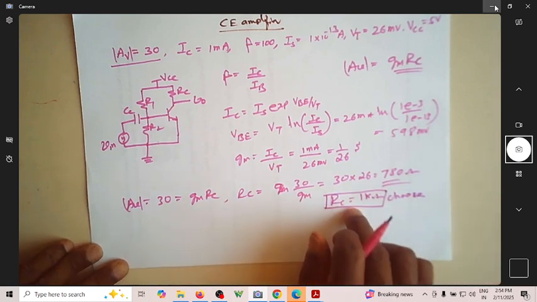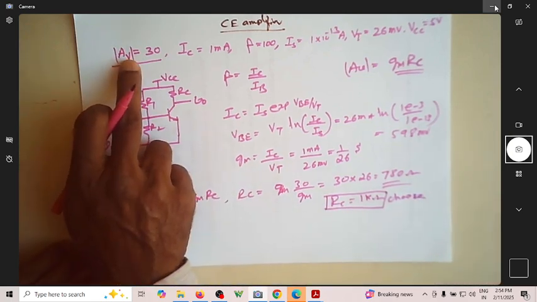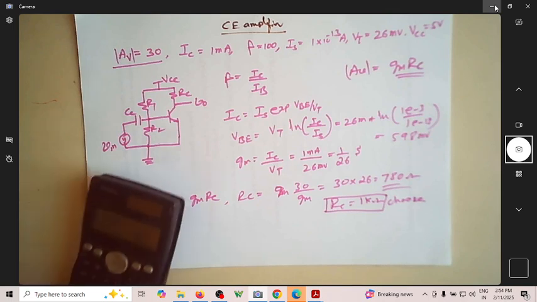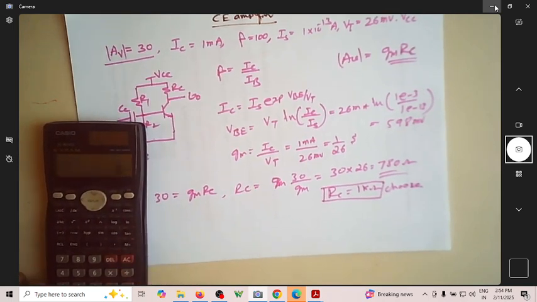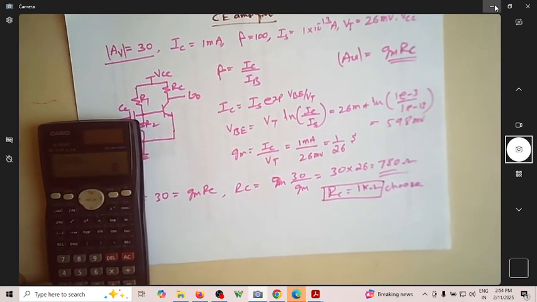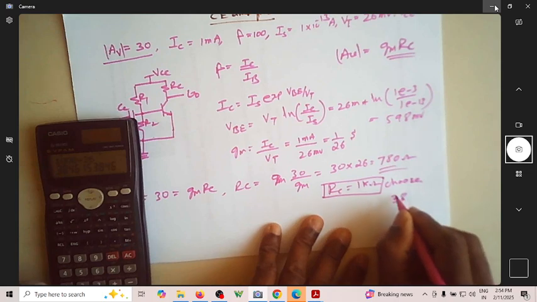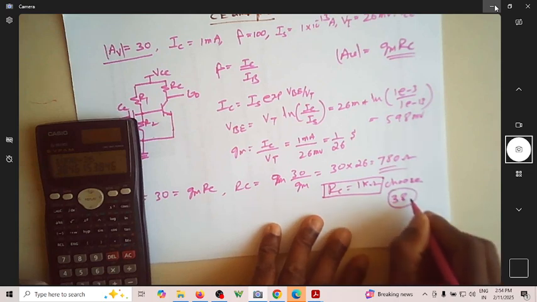If RC is equal to 1 kilo ohm, then your gain, instead of 30, will become 1000 divided by 26, which comes out to be 38. So this is the gain that we will be getting.